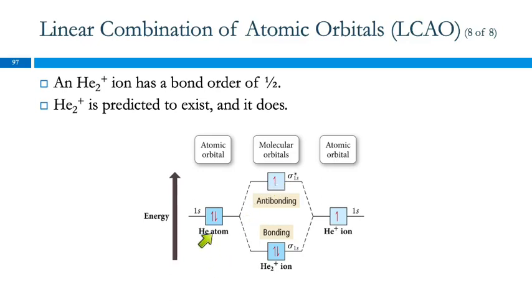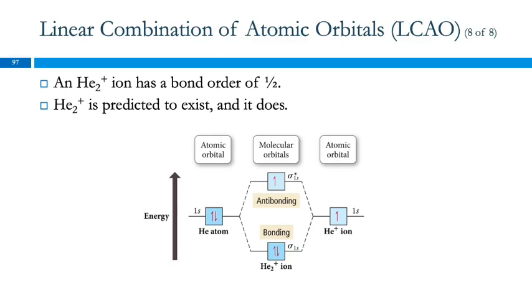Then we look at the total number of electrons in this He2 plus ion. It's a total of 3 electrons, 2 from this one and 1 from that one. So 2 electrons will go in this lower orbital, and then the next one will have to go into this higher one, the anti-bonding orbital.